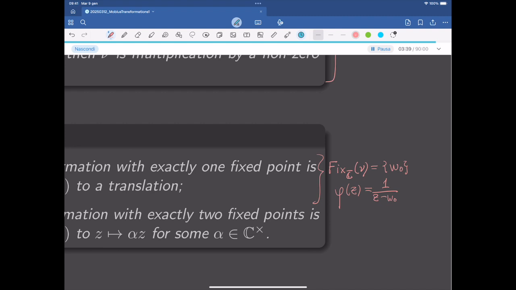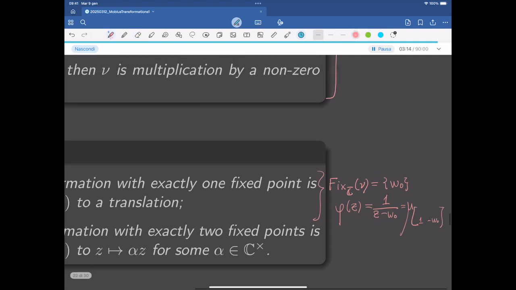Which is obviously a Möbius transformation, right? I mean, it is associated to mu of the matrix 1, 0, 1, minus w naught. Sorry, that's not true. Here it is the other way around. 0, 1.